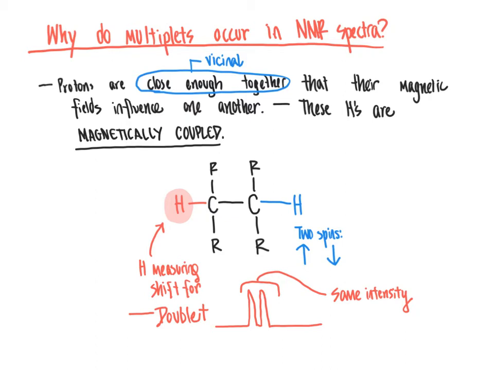And so, continuing onward, we can look at the situation where, rather than just having one vicinal proton, we have two or more vicinal protons. How can we look at the spins of those vicinal protons impacting the one that we are measuring? So let's go ahead and continue this.